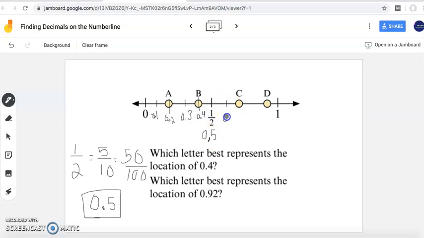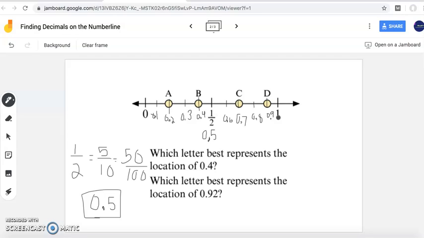Then I have 6/10. And I have 7/10. Wow, so C is right on 7/10. 8/10. And 9/10. Awesome. So now here's 9/10, and then I have 1.